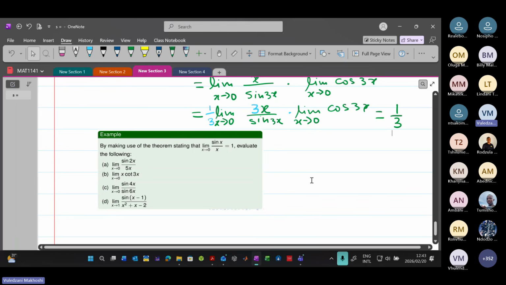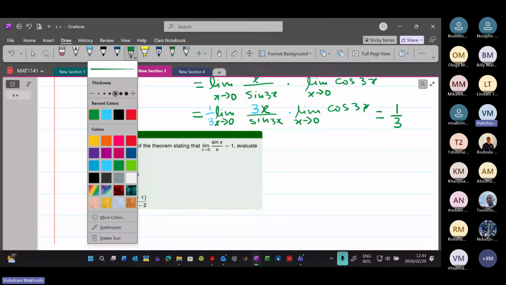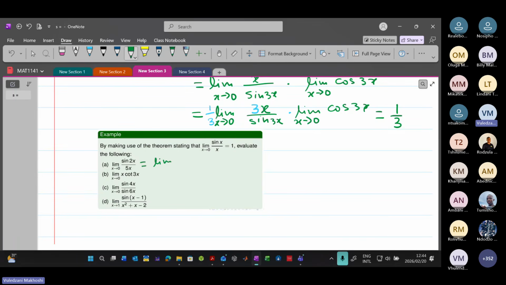Let us take number A, this number A here. So you will see that this is equal to the limit x is approaching 0 of what?